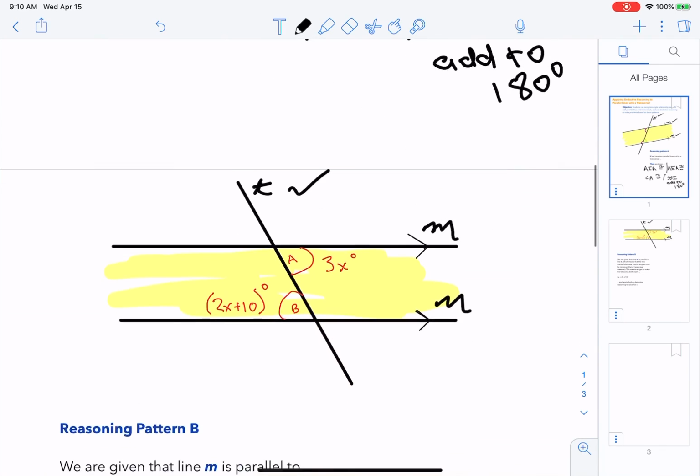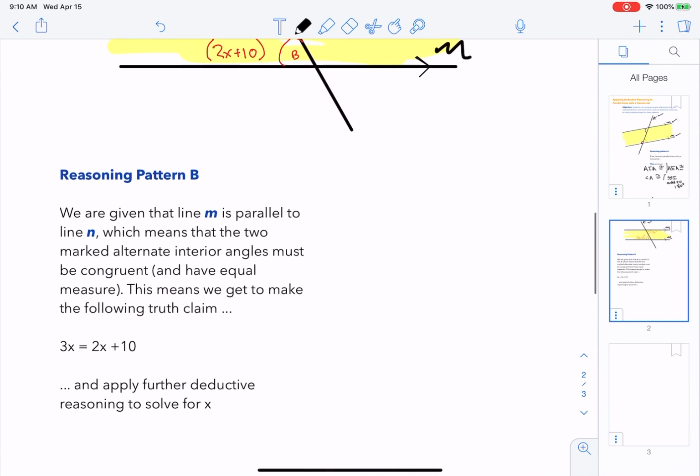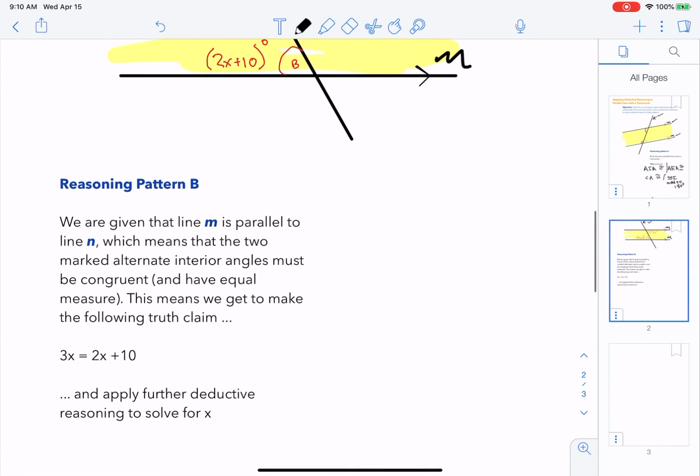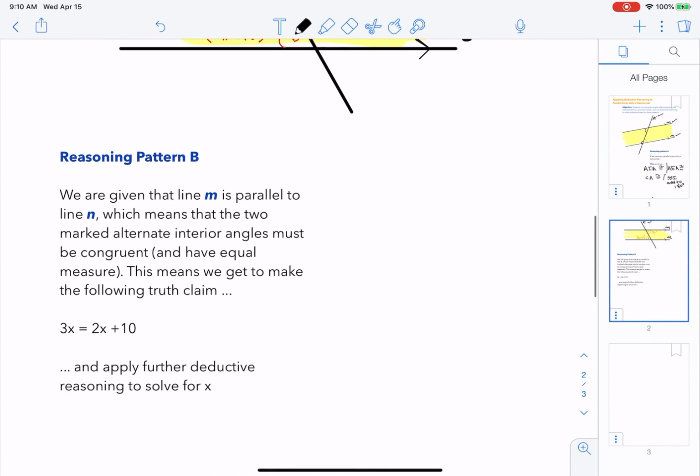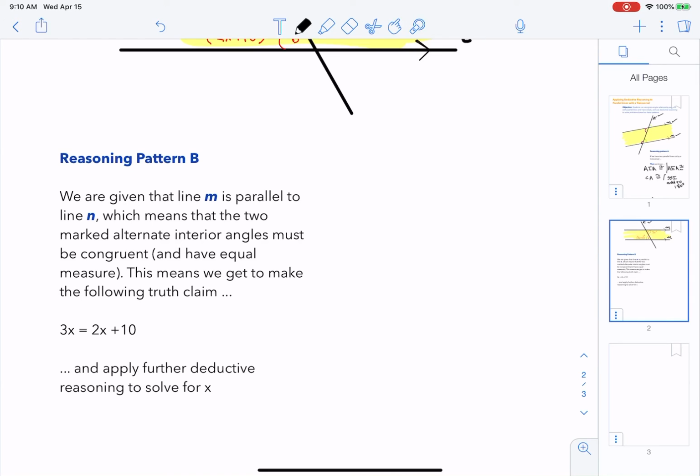Okay, so if that's true, by the pattern that we talked about here, we get to make a truth claim. And the truth claim is just that 3x is going to be the same as 2x plus 10. And from there, that's what allows us to use more deductive reasoning to solve for x. So we'd say 3x equals 2x plus 10. And we're going to use logical operations. In this case, it's the subtraction property of equality, or making zeros.